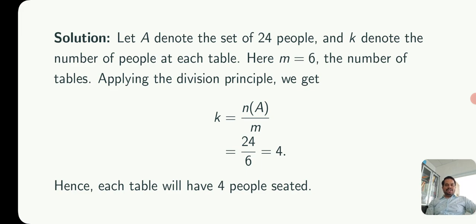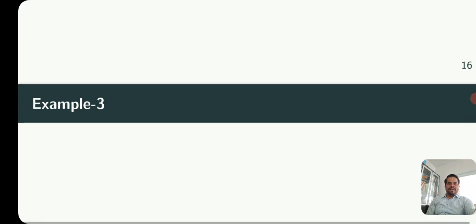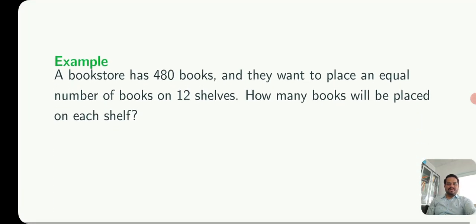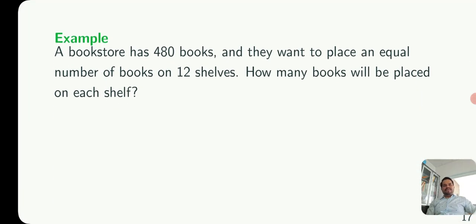See here the next example on this division principle. This is the statement of the example, and this example is on arranging books on shelves. A bookstore has 480 books and they want to place an equal number of books on 12 shelves. How many books will be placed on each shelf?